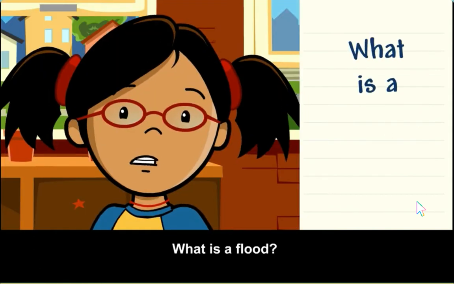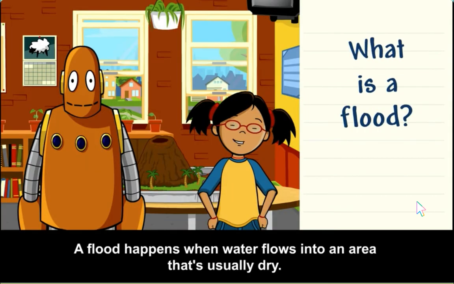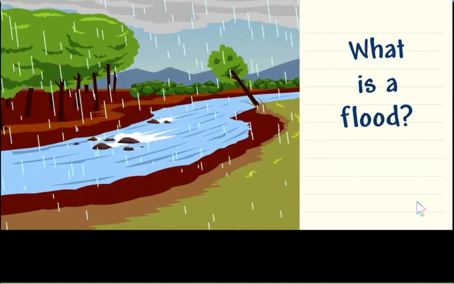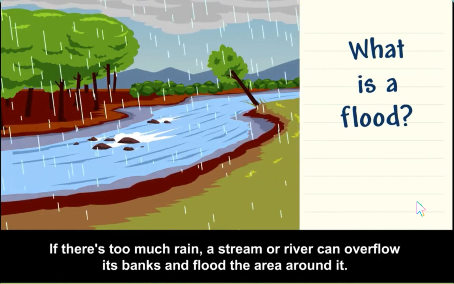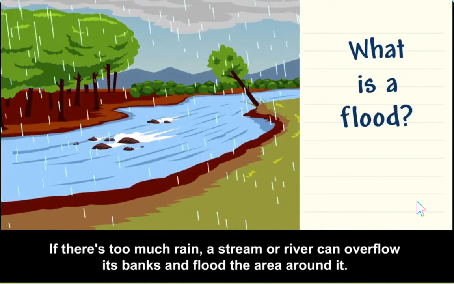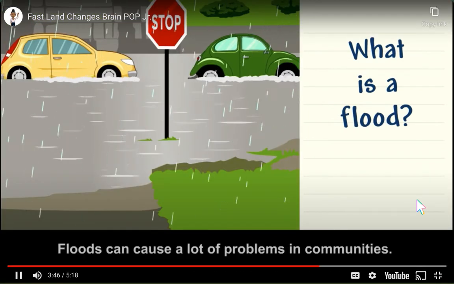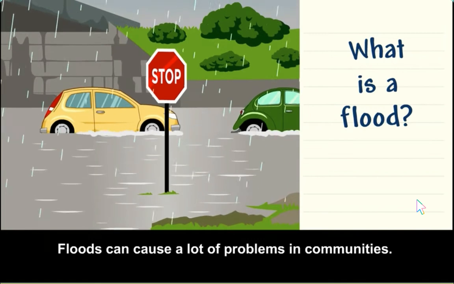What is a flood? A flood happens when water flows into an area that's usually dry. If there's too much rain, a stream or river can overflow its banks and flood the area around it. Floods can cause a lot of problems in communities.